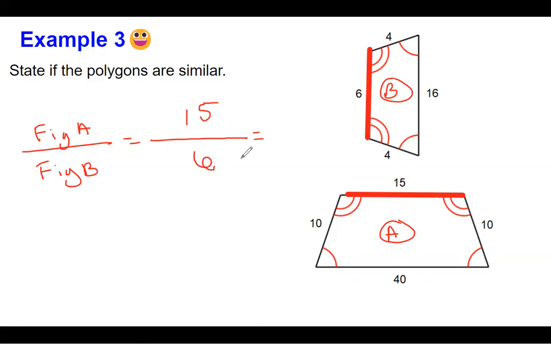How can I simplify this ratio? Divided by 3. We're left with 5 over 2, or 2.5. There you go. Or 2 1/2.